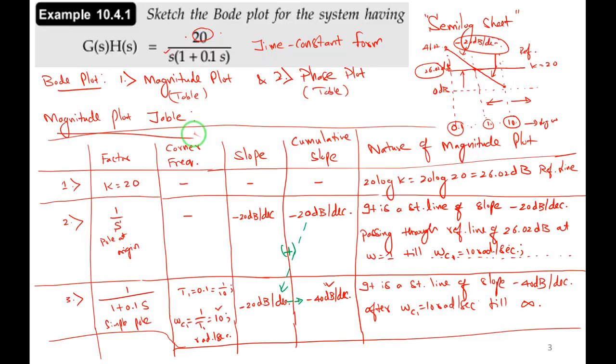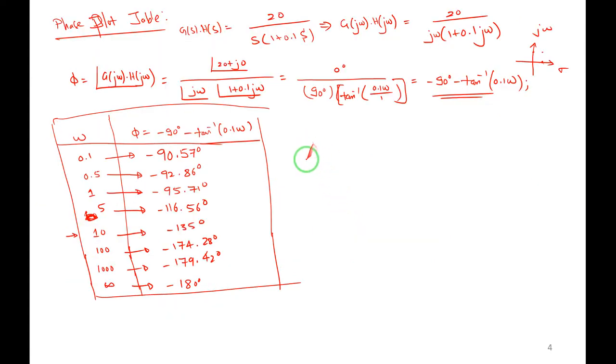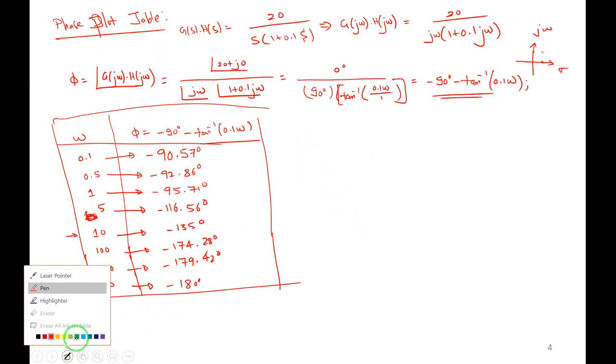Okay, first I will draw the magnitude plot. Observe here. I need the magnitude plot, right? So earlier 0 dB was my reference line. Always one more thing, please keep in mind: the initial slope of the magnitude plot gets decided by the poles and zeros lying at origin. So I'll write one statement here. The initial slope, this is very important.